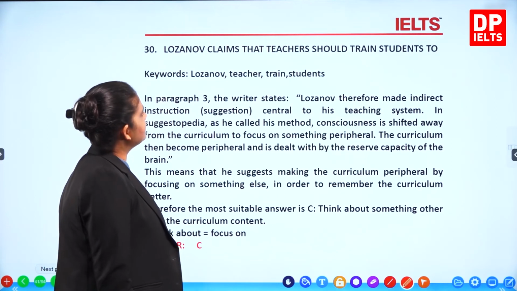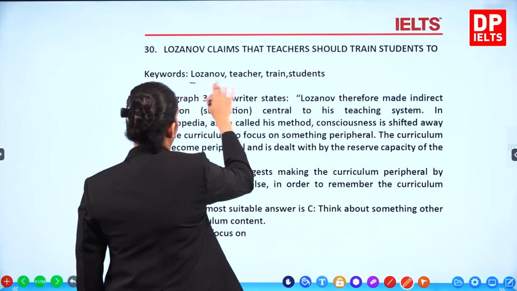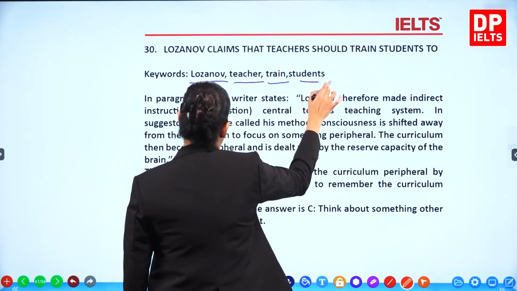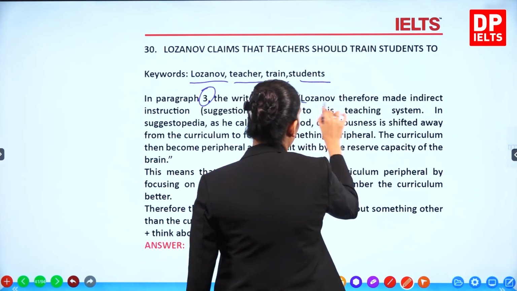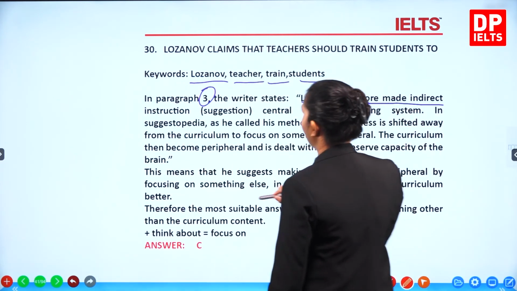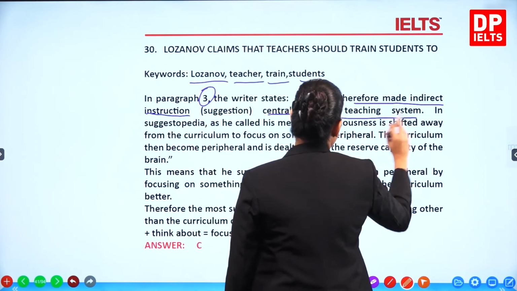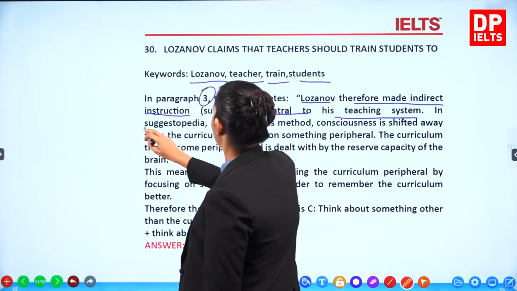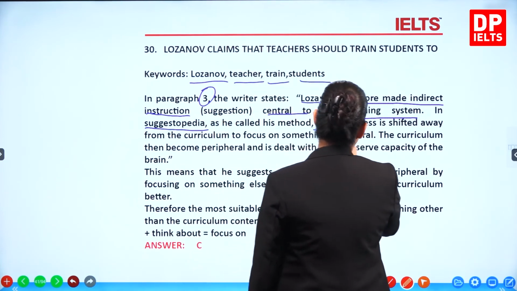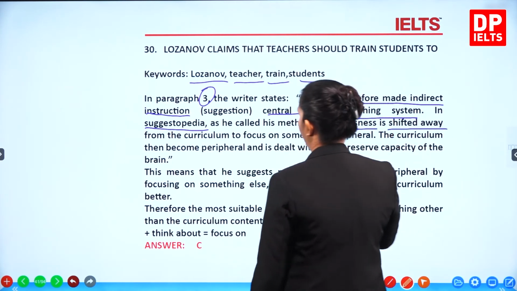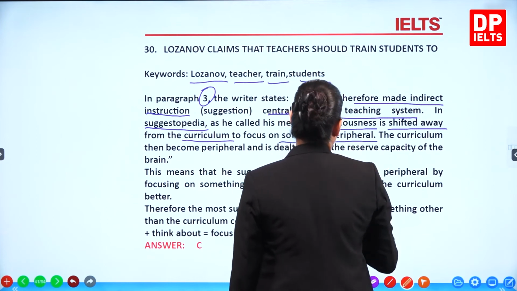Lozanov claims that teachers should train students too, right? So, here Lozanov, teacher, trains students. In paragraph 3, the writer states, Lozanov therefore made indirect instruction central to his teaching system. In Suggestopedia, that he called his method, consciousness is shifted away from the curriculum to focus on something peripheral.